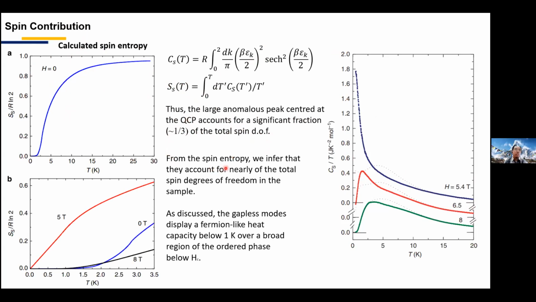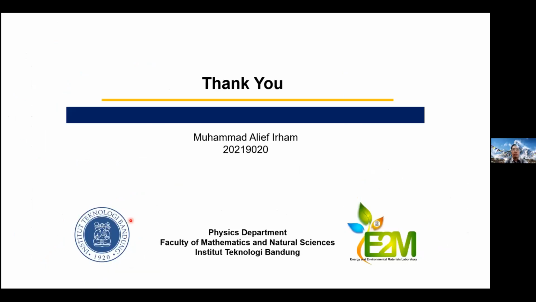The entropy accounts for nearly the total spin degrees, and below 1 Kelvin, with the changing quantum critical point, we can see a fermion-like heat capacity, and several interesting properties. So I think that's my presentation.